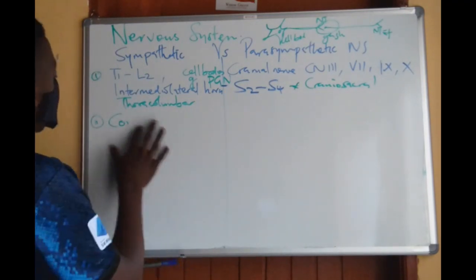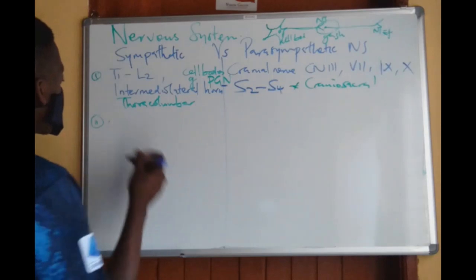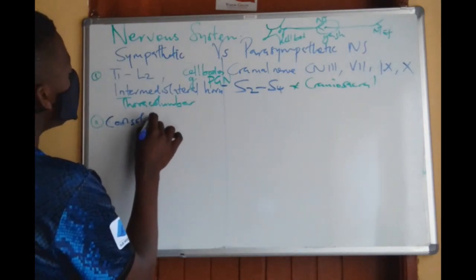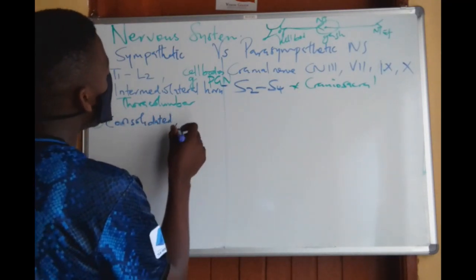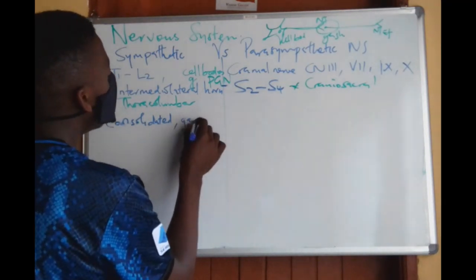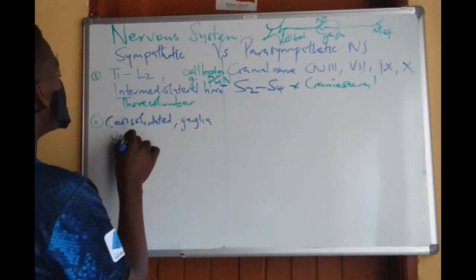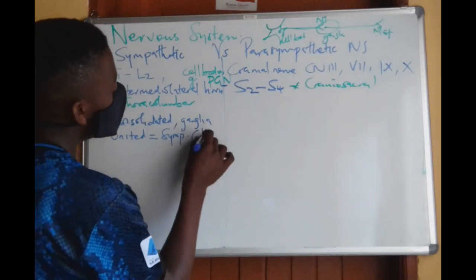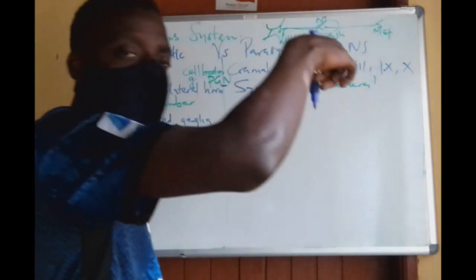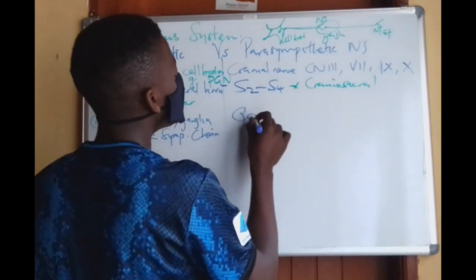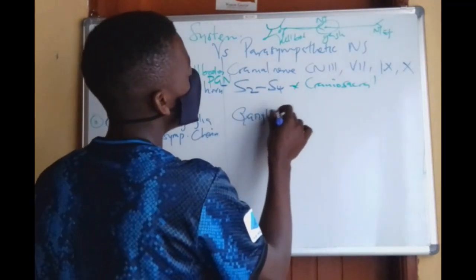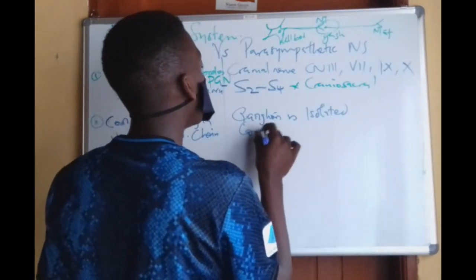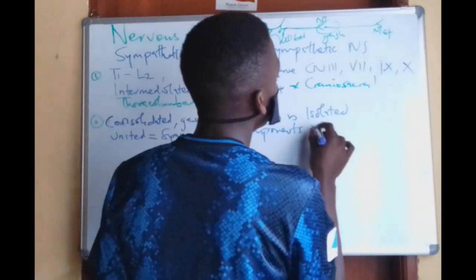I mean, they are united, and the ganglia form a sympathetic chain. But on the other side, each ganglion is isolated. Yes, that is true. Even the components of the parasympathetic nervous system are isolated.